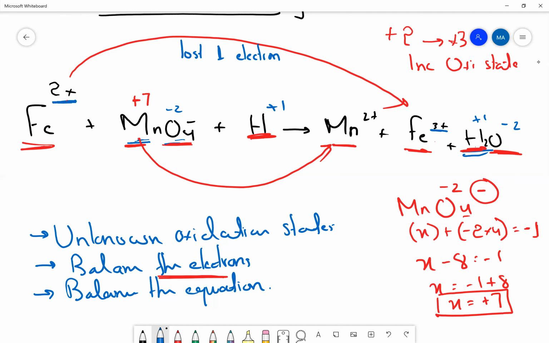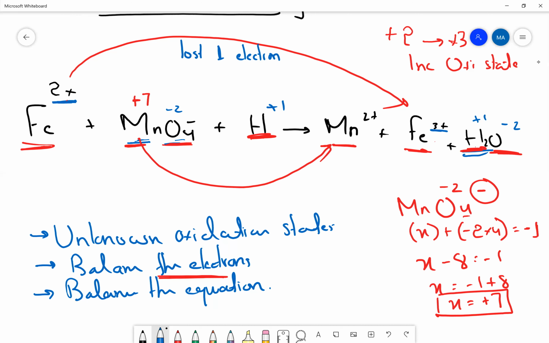And what are the other definitions of oxidation? One is increase in oxidation state. Then loss of electrons. Okay, so focus on this. Whenever the oxidation state increases, the electrons are lost. This is a fact. If your oxidation state is +1, this indicates that you have lost 1 electron. So if the change in the oxidation state of this iron is from +2 to +3, technically the oxidation state is increasing by 1, right?